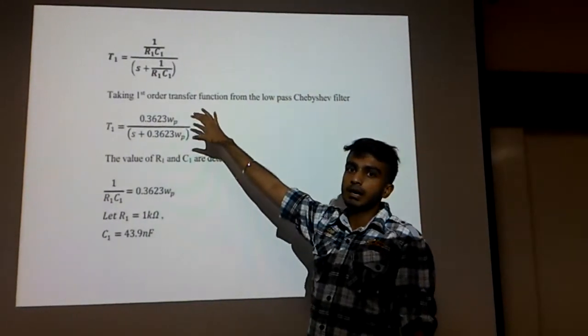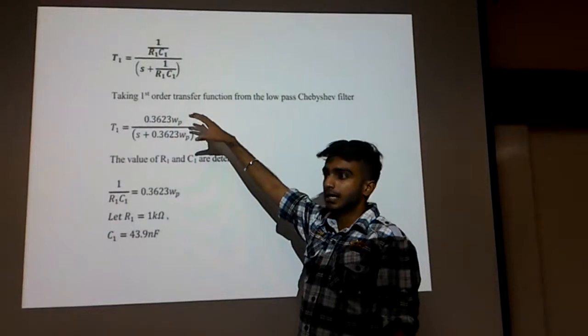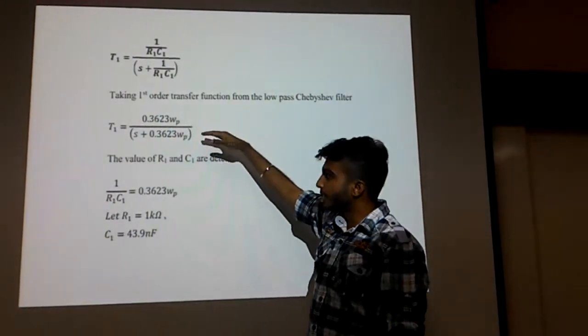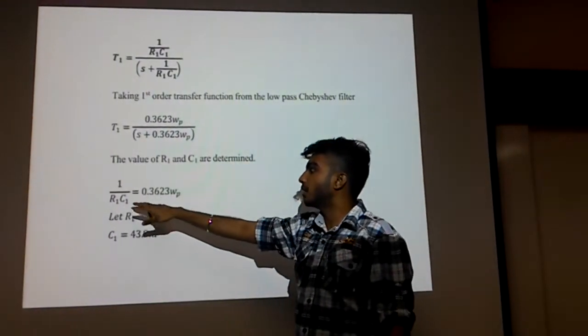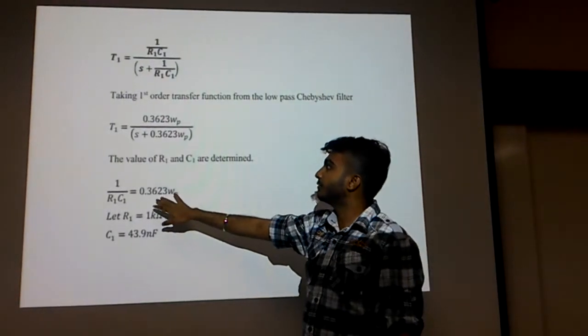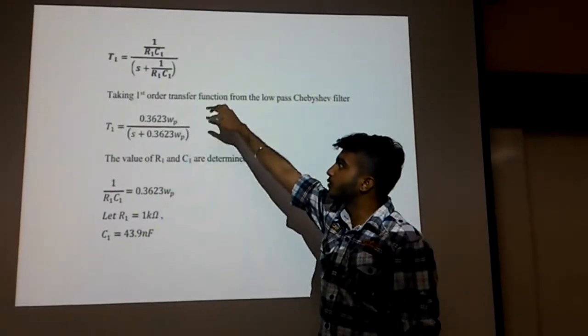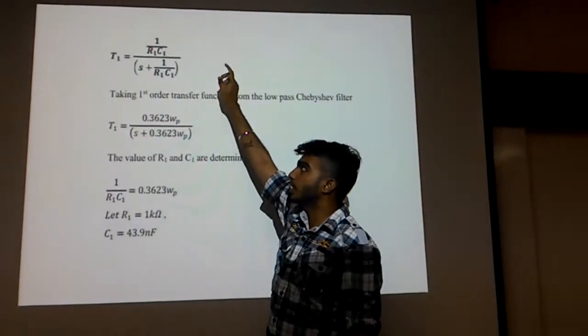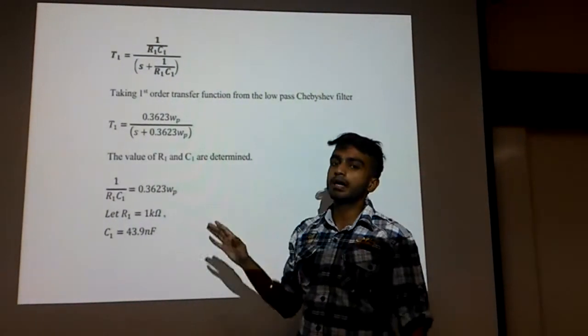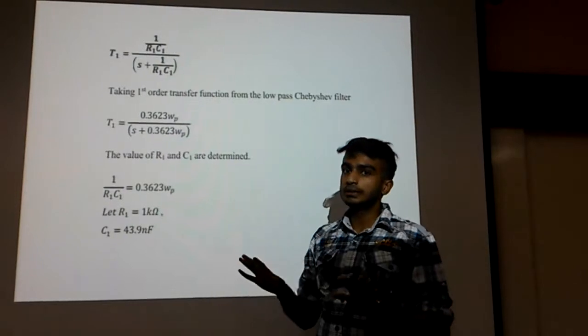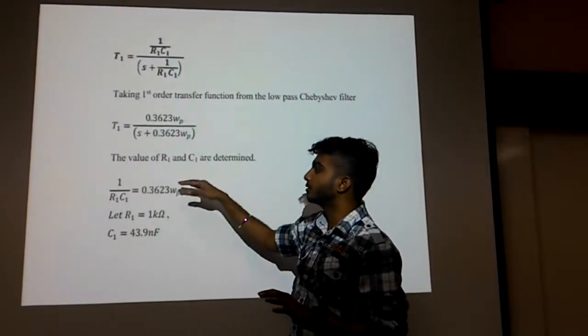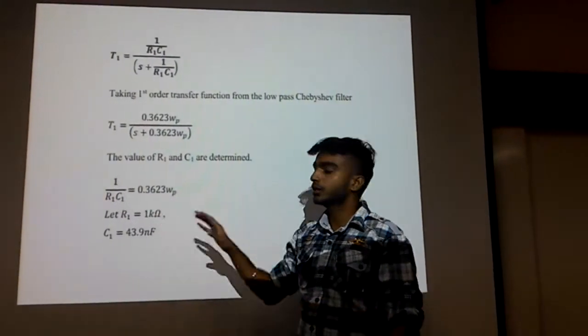This one we obtained from the first order calculation. When you compare them, we get that 0.3623 omega_b is equal to 1 over R1 C1. So we just compare both formulas to obtain those values.